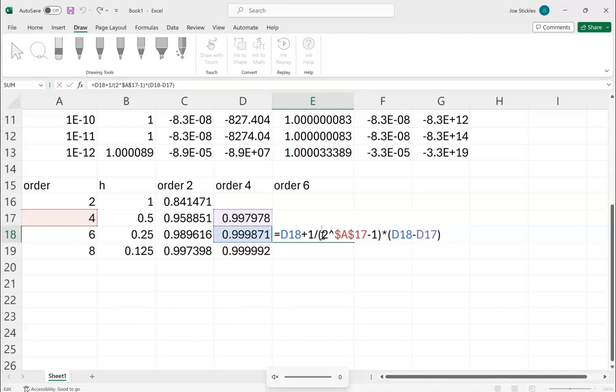Just went in and changed what the order was. Okay. So far, so good? Okay. Yeah. Yep.